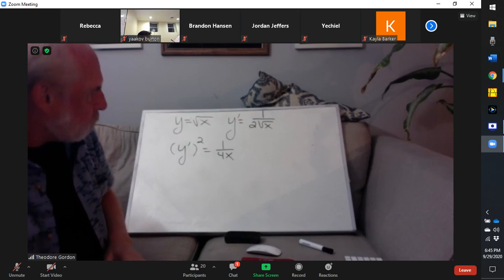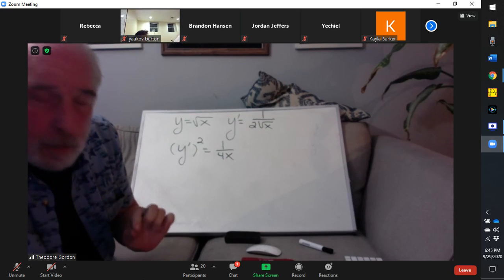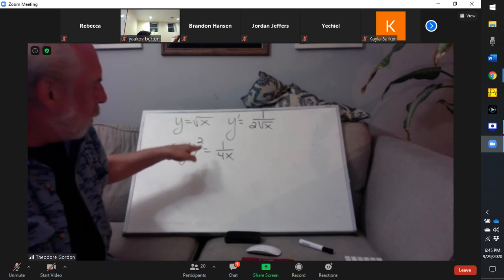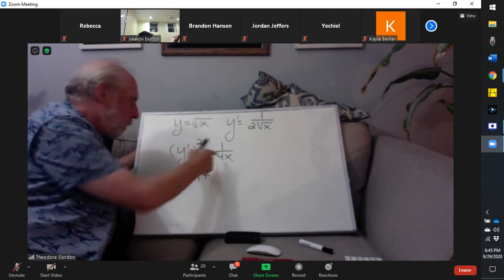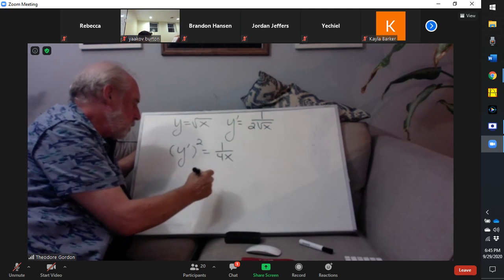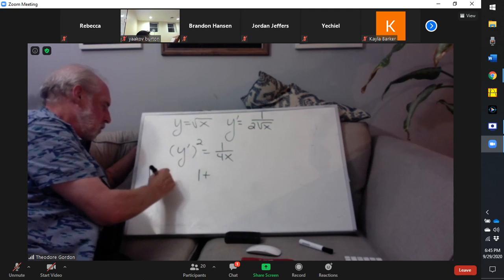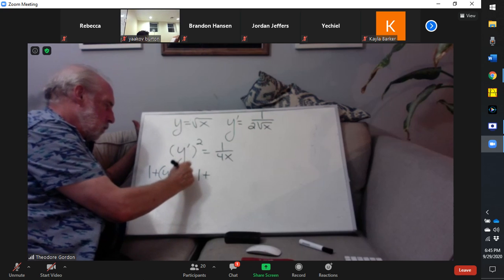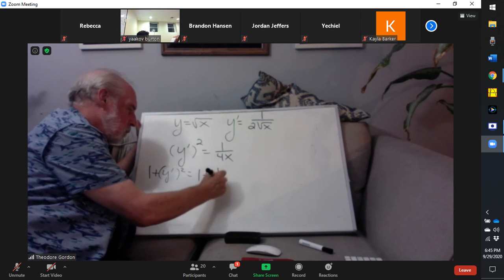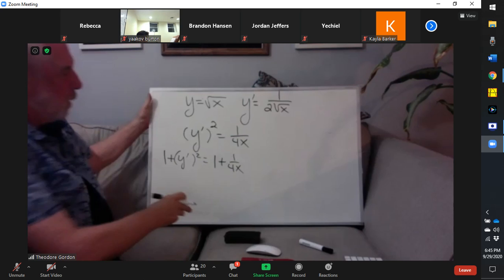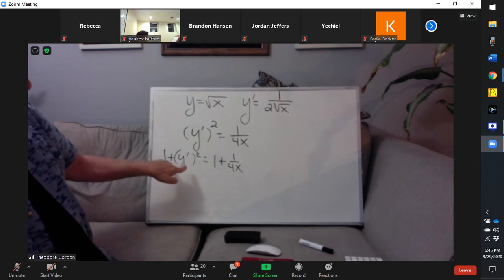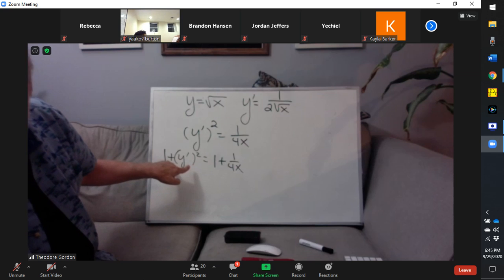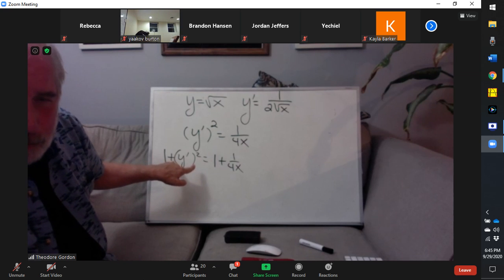Okay. Now, in the formula for arc length, we have to do 1 plus this. This expression here is what's under the square root for arc length.